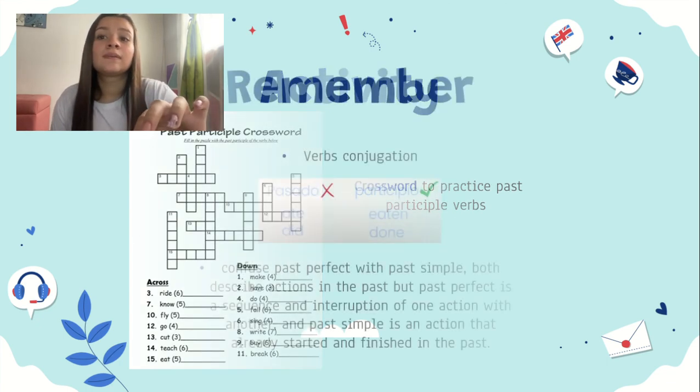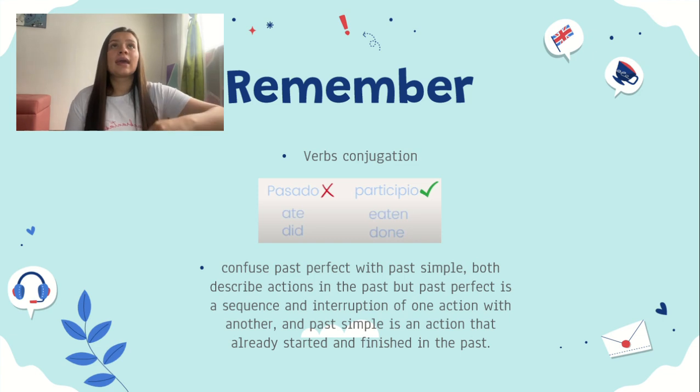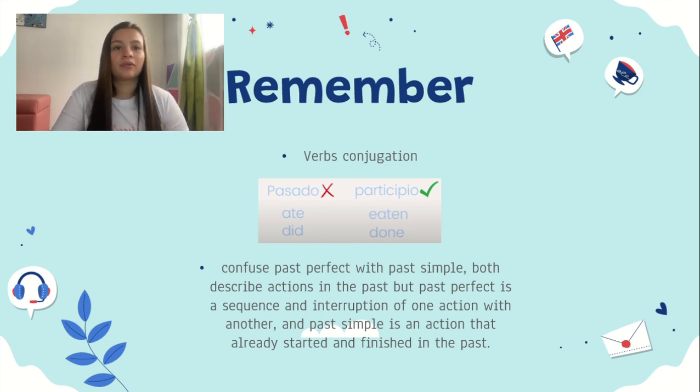Okay, and something that we need to remember, obviously, is to always conjugate the verbs. Okay, we don't use the verbs in past. No, don't use the verbs in past. We use the verbs in participle. For example, eaten, done, etc. And don't confuse the past perfect with the past simple.